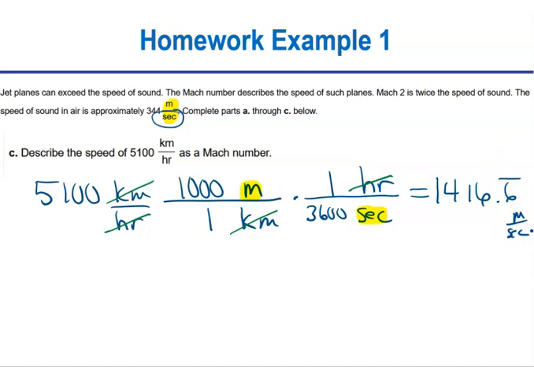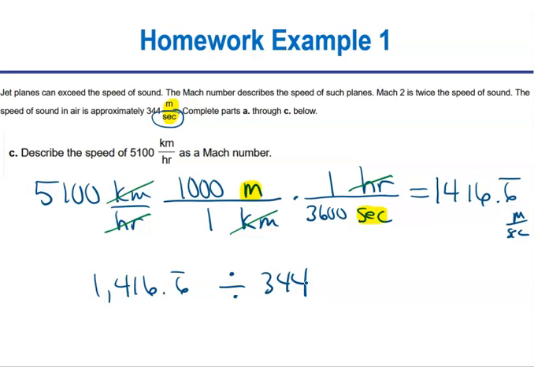Now, they want to know that as a Mach number. Now, a Mach number means, see, remember Mach 2 means twice this. So you know what? To change it to a Mach number, we're going to have to work in reverse. Okay? So I'm going to need to divide 1,416.6 repeating by the Mach number. Okay? Now notice it just says Mach 2.